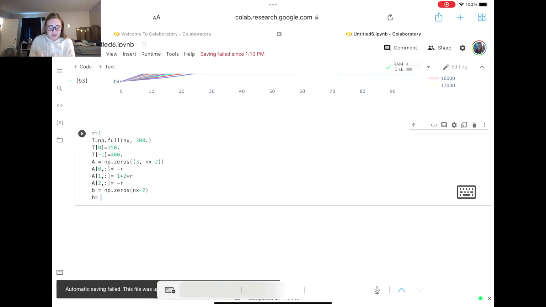So when we were plugging it in, we know that it's r times our temperature to the left, plus 1 plus 2 times r times the temperature that's in between our bounds, and then plus r times t.